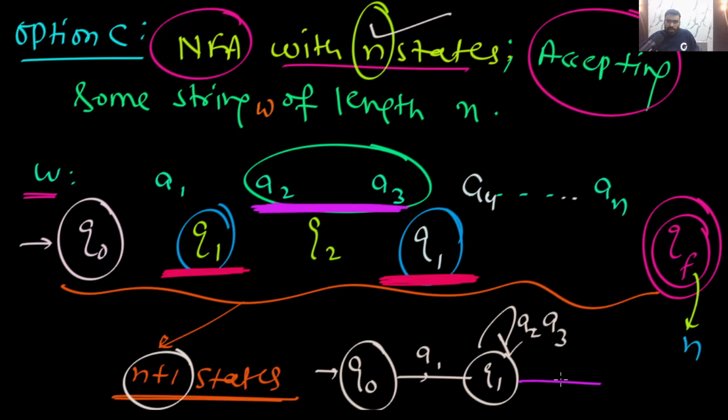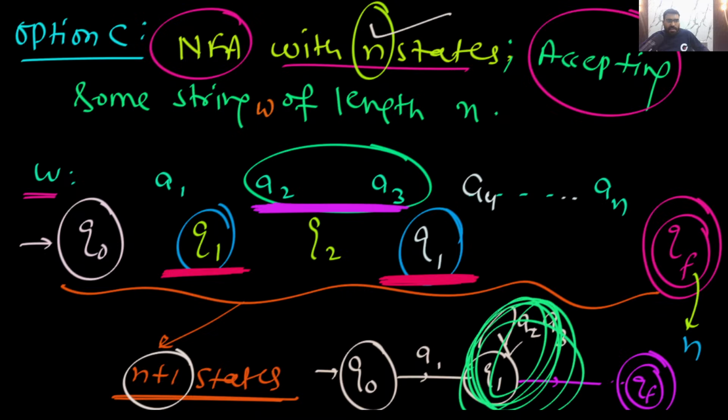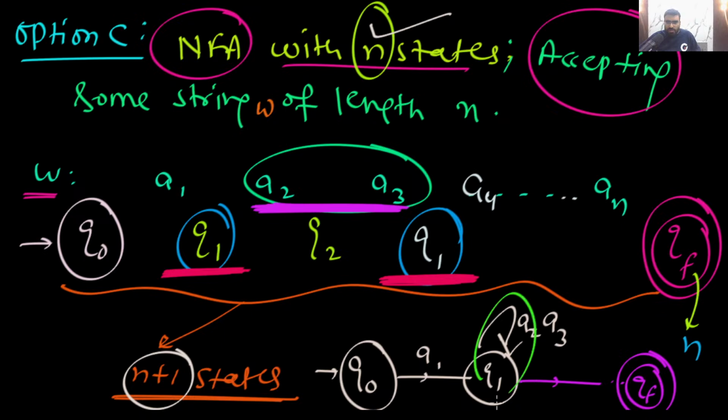Yes or no? And then finally, after some time, you are going to the final state. So you can see I can take this loop any number of times, and the language will become infinite, because this loop you can repeat any number of times.